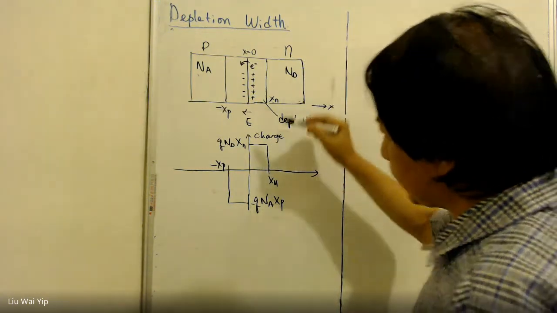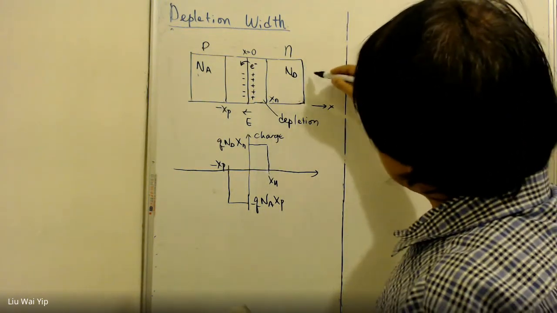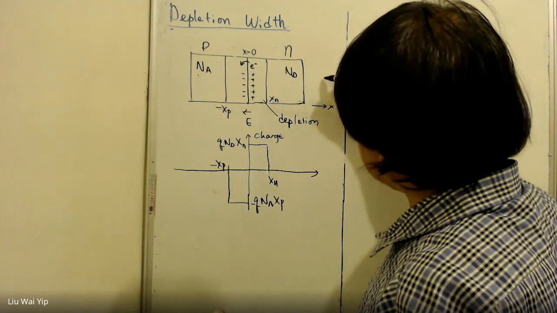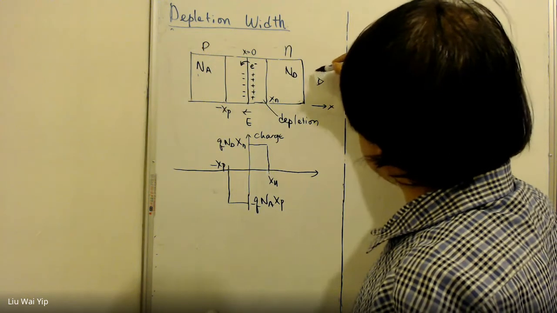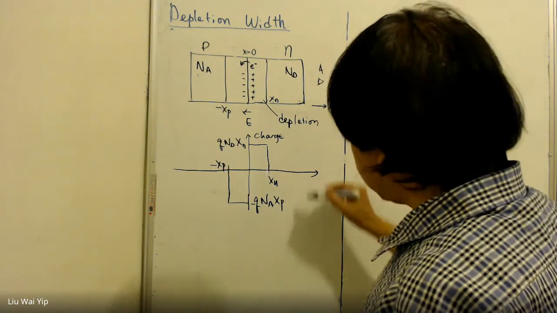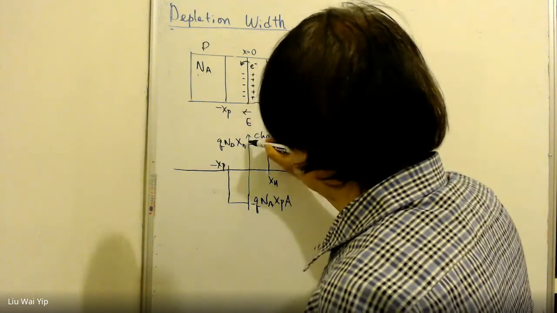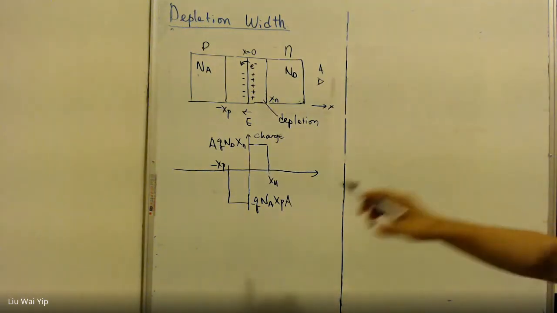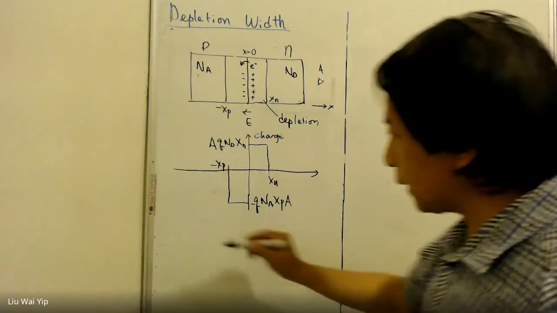And do not forget that you also need to look at the cross-sectional area as well. So you have to multiply the whole expression by A, where A stands for the cross-sectional area.